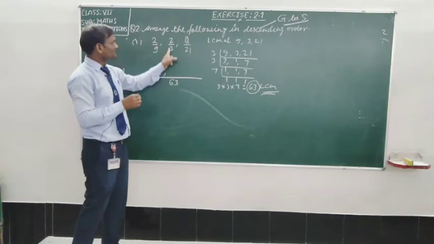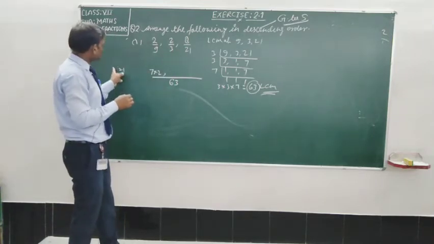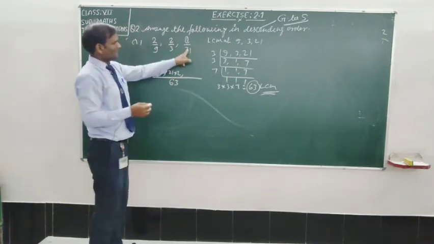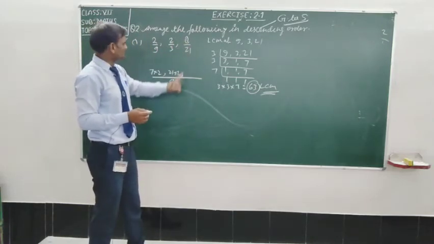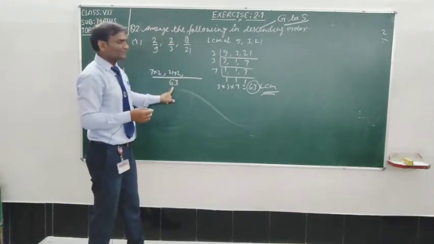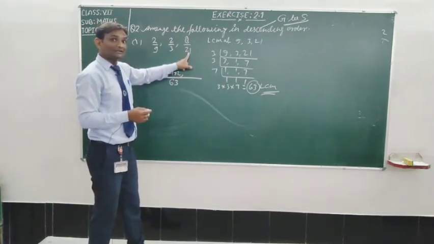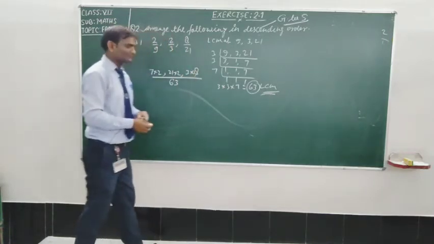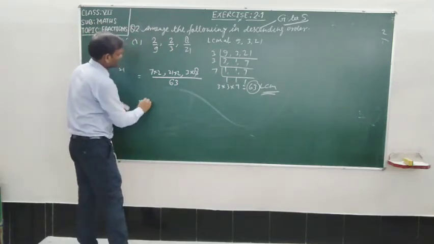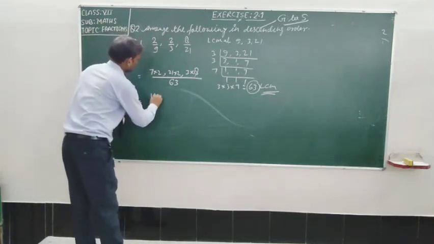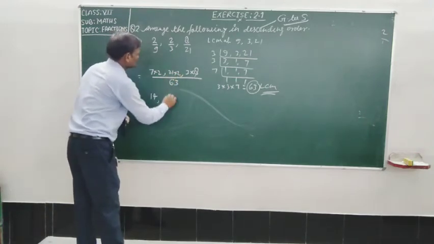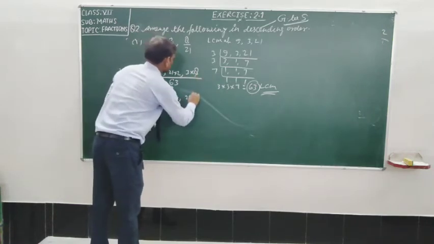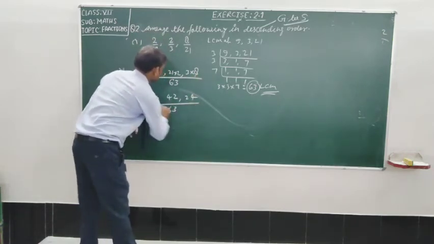When you divide 63 by 3, you get the 21, and by 21 you will multiply 2, 21 into 2, and on the place of third fraction, 63 divided by 21, you get the 3, and by 3 you will multiply to 8, and you get the student 7 2 ja 14, 21 2 ja 42, and 8 3 ja 24 upon 63.